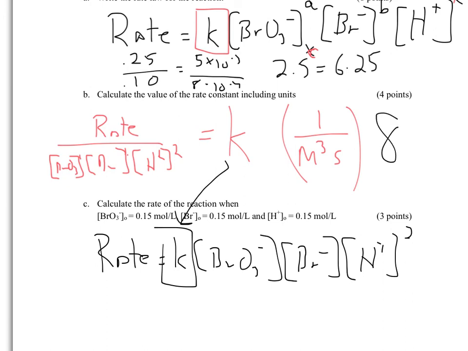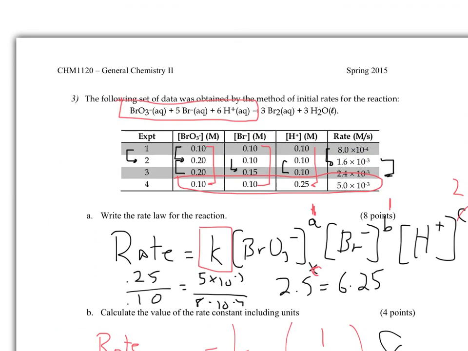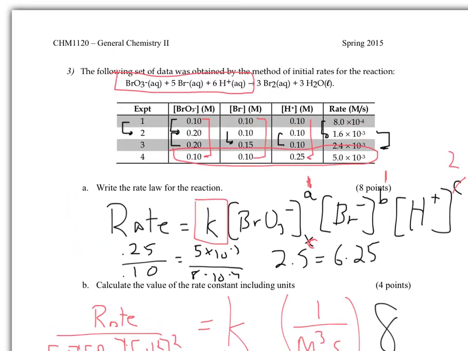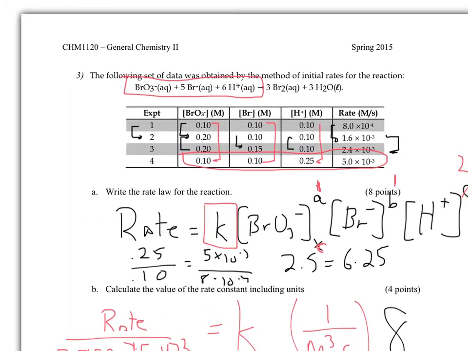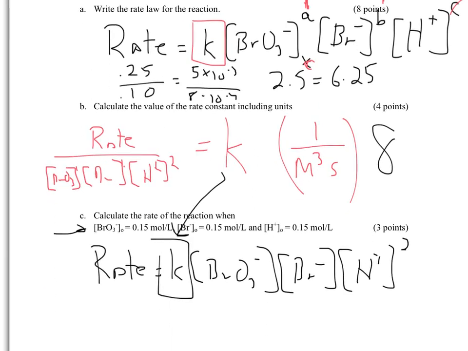And so you plug in the 8 there, and then change the concentrations for bromate, bromide, and H+. If you're looking at what the answer might be, it's going to be bigger than experiment 1, because all those values were 0.1. And so since all those concentrations went up, it's going to get faster.